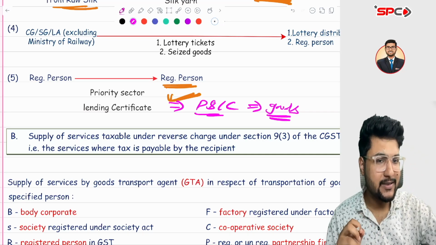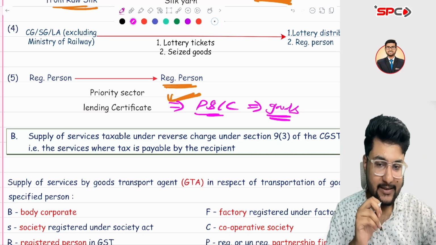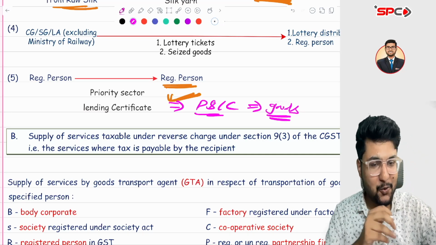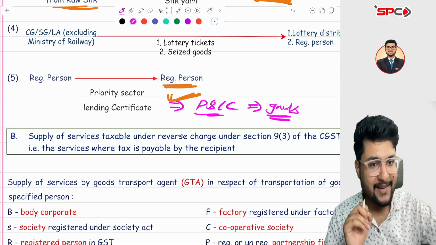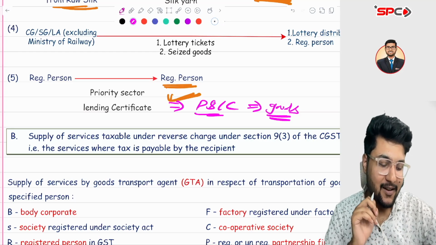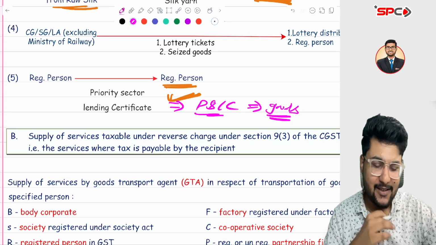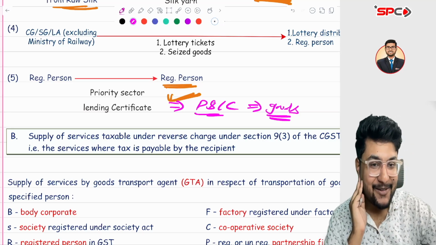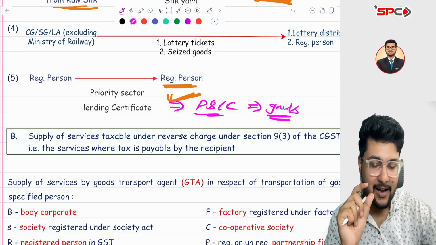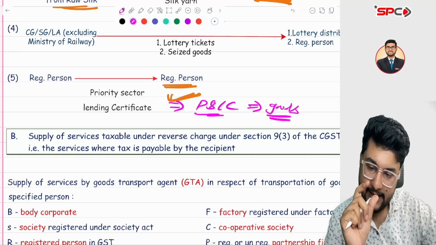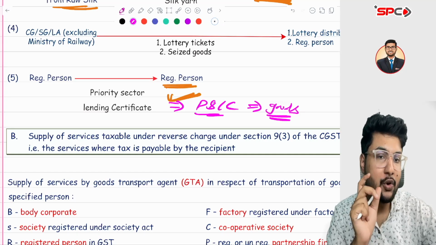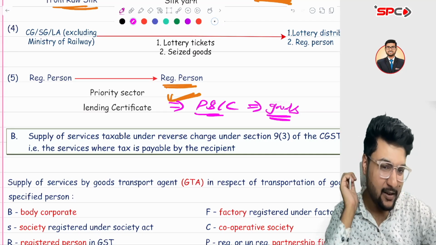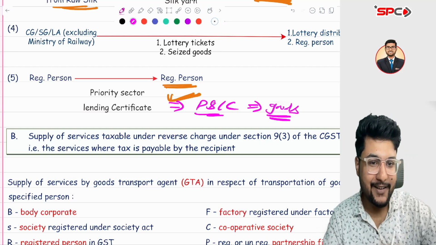Suppose there is a target given by RBI to commercial banks. You have to spend at least 20% of the total loan for education. One bank only spends 10% and another bank spends 30%. Since the other bank has 10% extra, it will transfer it to the first bank, so that 10 plus 10 is equal to 20, right?